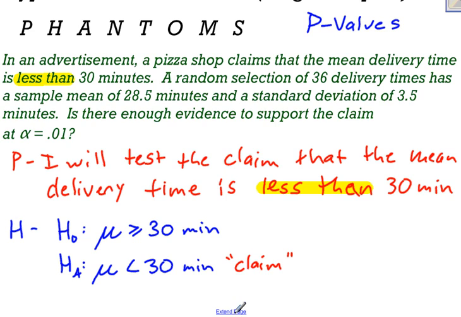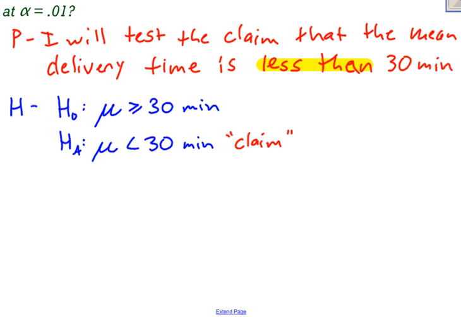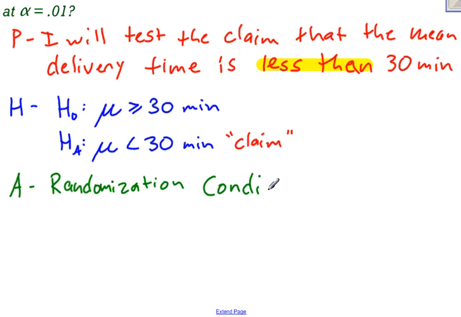And when we are working with a hypothesis test for means, the two assumptions and conditions that we need to check are these: the randomization condition, and I also need to check the nearly normal condition.